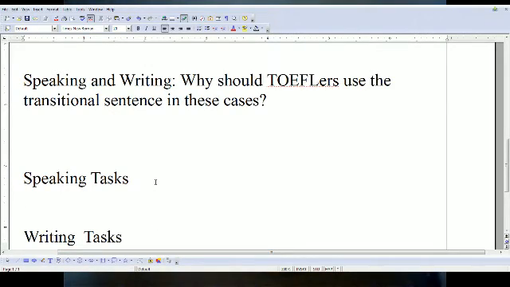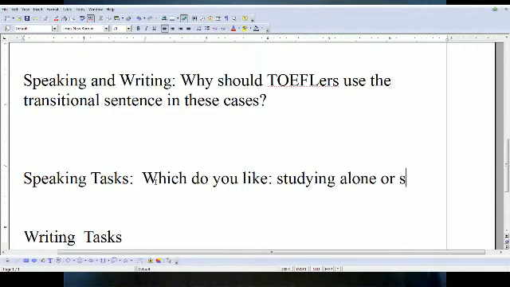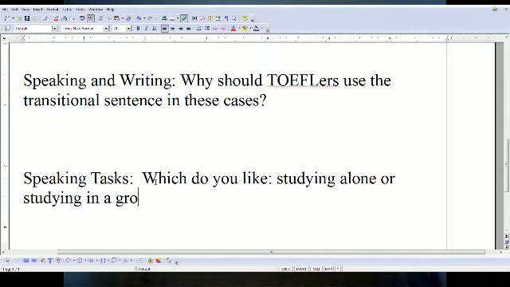All right, so let's say the speaking task is simple. You might say, which do you like: studying alone or studying in a group, right?